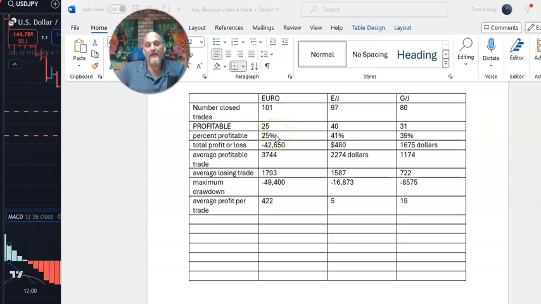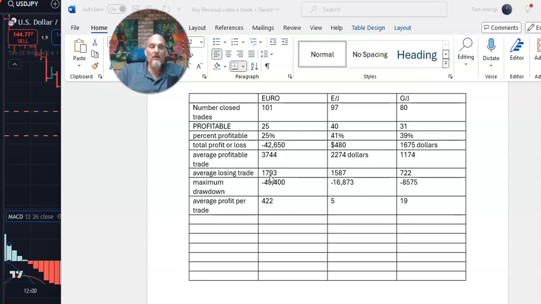Total profit came to 42,650. The average profitable trade was 3,744 versus the average losing trade of 1,793. So you could say that's respectable, almost a 2-to-1, maybe a little bit more.